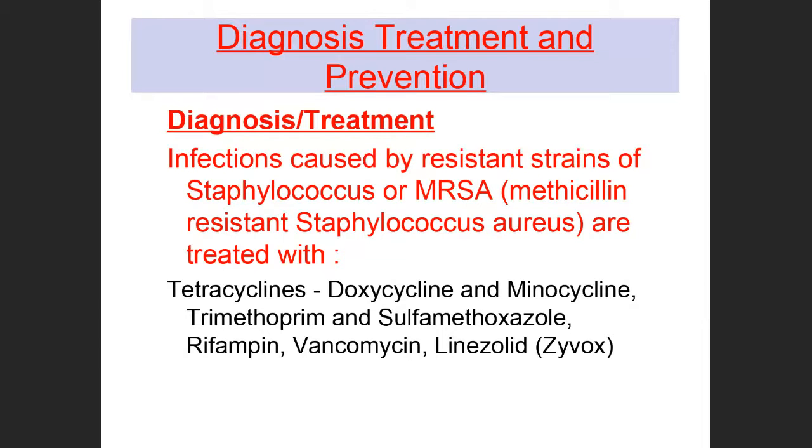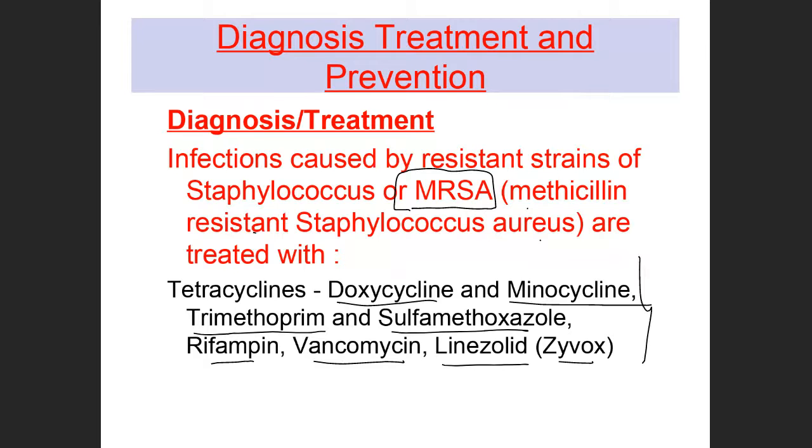However, nowadays, many of the staphylococcus we're dealing with are resistant to methicillin, MRSA, methicillin-resistant Staph aureus, in which case you have to resort to stronger antibiotics. Things like vancomycin, linezolid, which is Zyvox, rifampin, sulfa drugs, trimethoprim, doxycycline, minocycline. Most of these have to be given in a hospital.